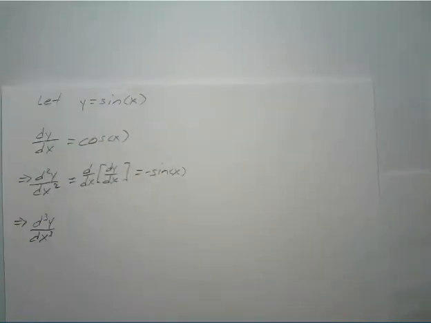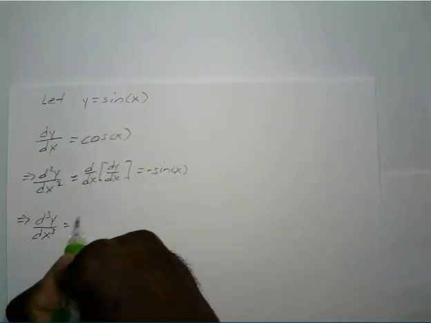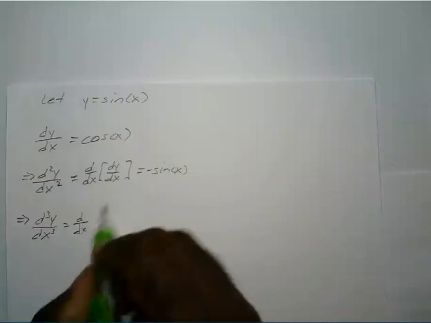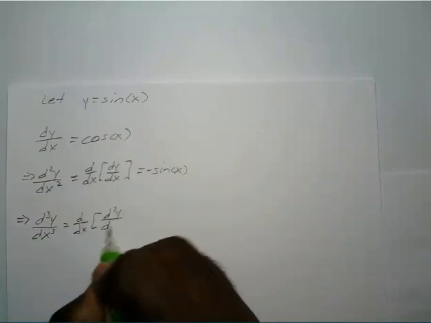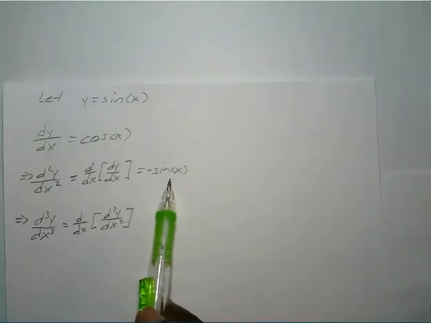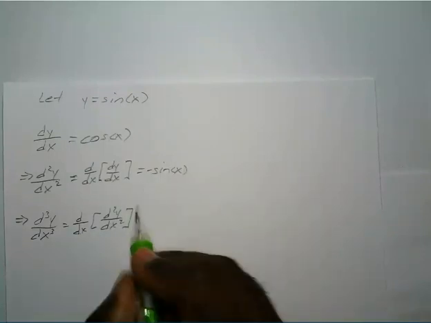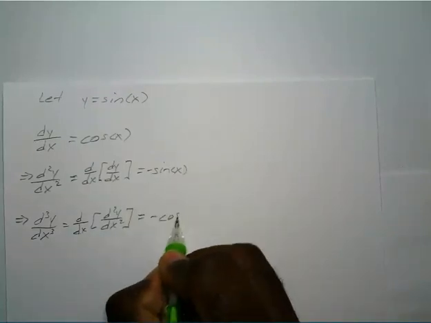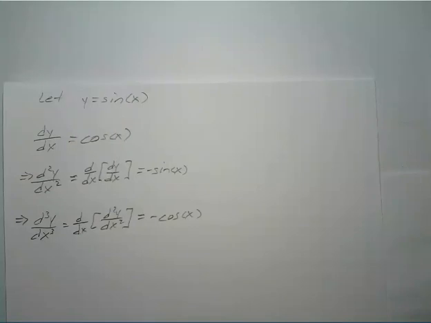That's just going to be the derivative of our second derivative. The derivative of sine is cosine, and you have to multiply that by negative 1, so that ends up being negative cosine.